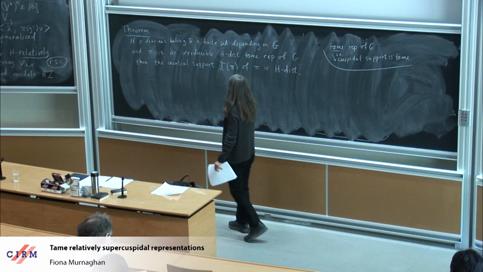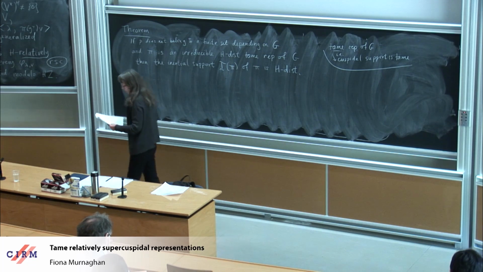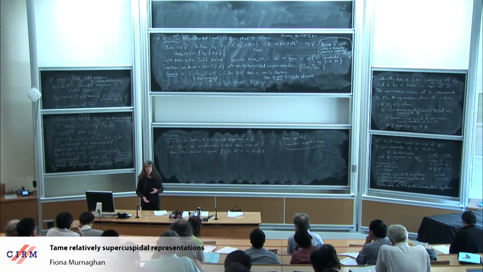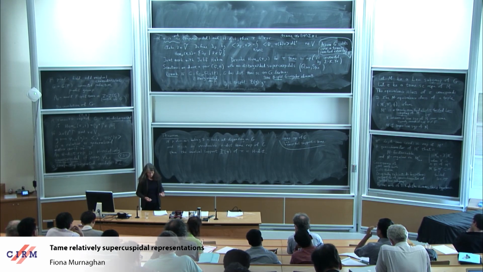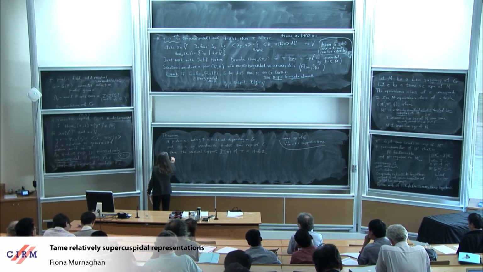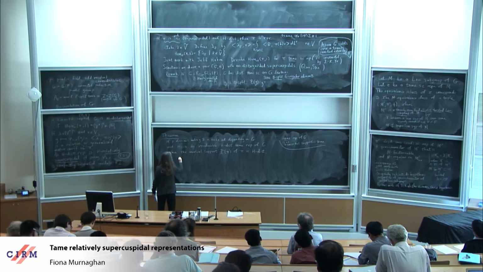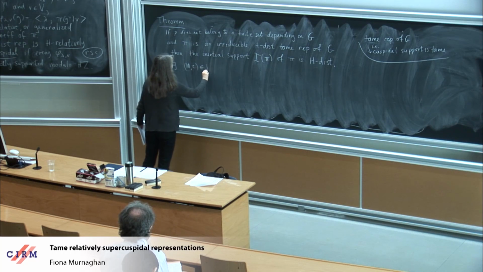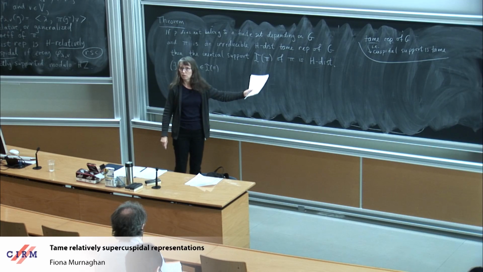And what I mean by that is that the inertial support consists of, obviously, it's only really defined up to conjugacy and equivalence and twisting by unramified quasi-characters. But inside the inertial support there is a pair, right? This is like the cuspidal support, except you allow unramified twists.